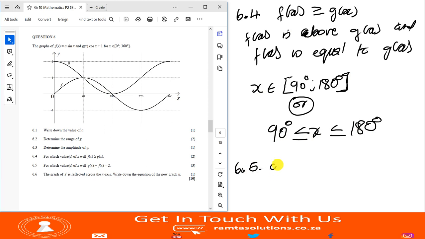All right, 6.5. It says g of x minus f of x must be 2.